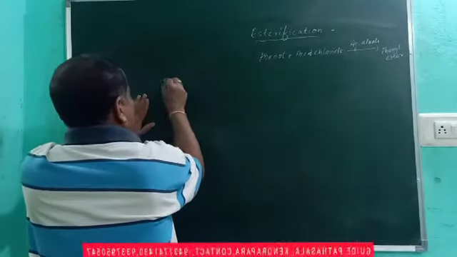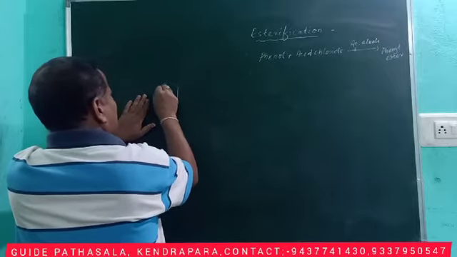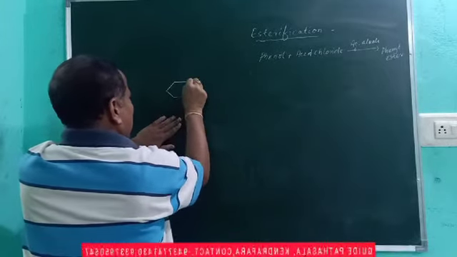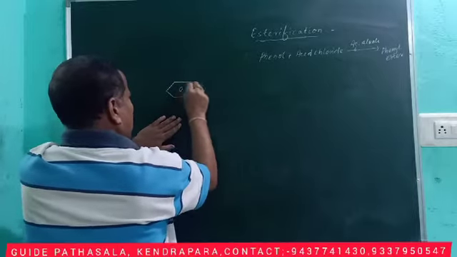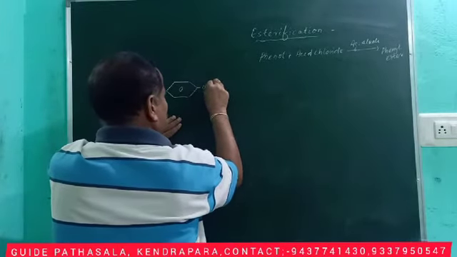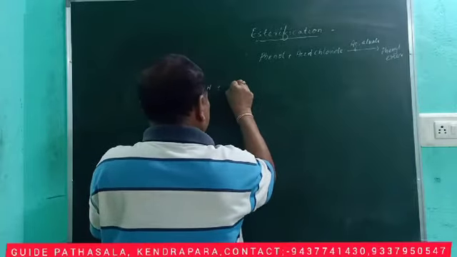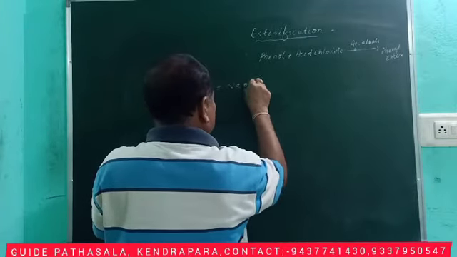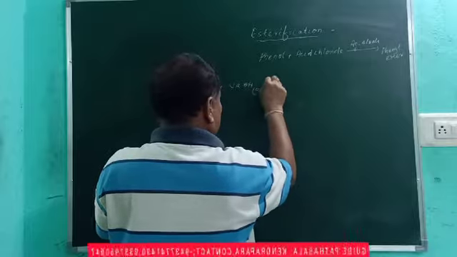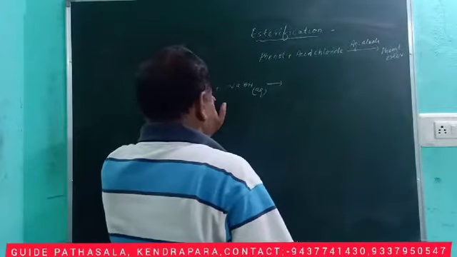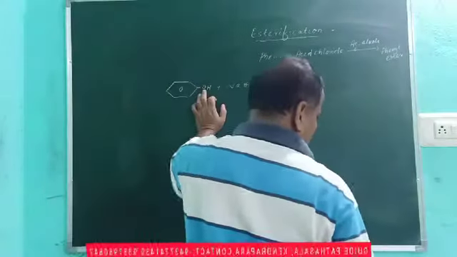Phenol is C6H5OH. In the first step, phenol reacts with aqueous alkali, sodium hydroxide, NaOH, to form sodium phenoxide and a water molecule.